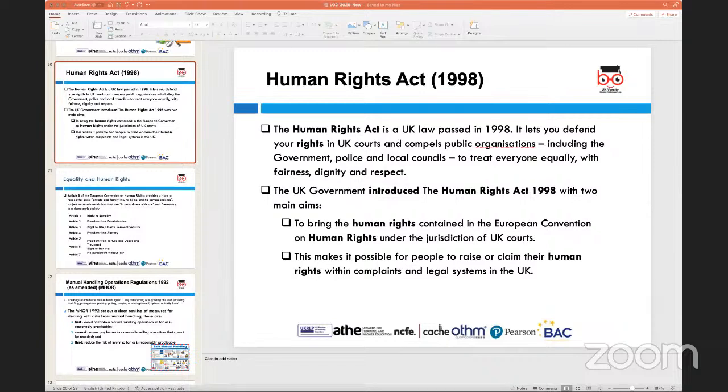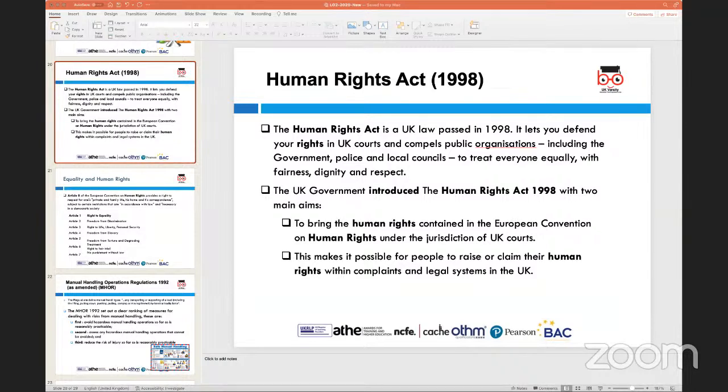If you are getting services from public authorities, local authorities or government departments, and you feel that you do not get the right service, you are not treated equally or with fairness, and you are not given respect, then you can use the Human Rights Act as a piece of legislation which allows you to rely on the rights and freedoms set in this particular law.